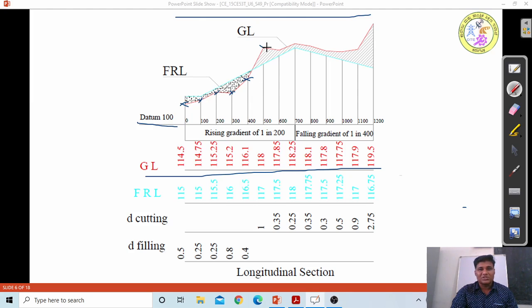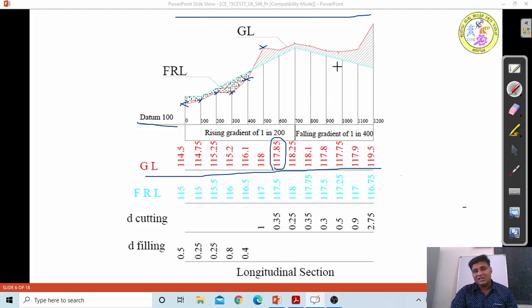I have to convert to a scale when you draw on paper. For 600 meters, the ground level is 117.85. 117.85 minus datum 100 will be 7.85 from here to here. And again, it is 118.25 and 118.1, and 117.8, 117.75.